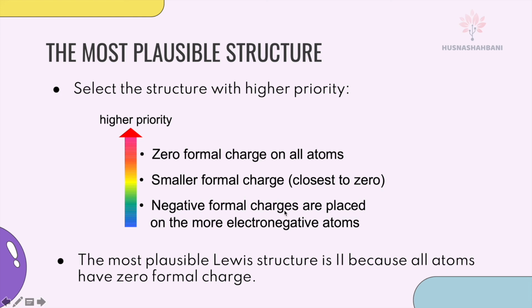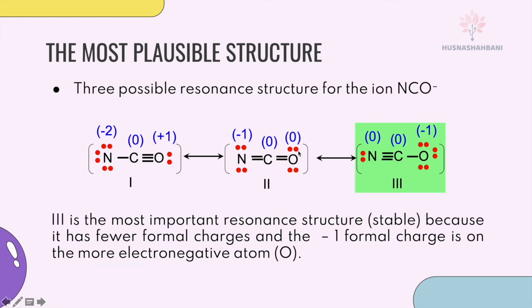Negative formal charges are placed on the more electronegative atoms. N atom, O atom, which one is more electronegative? Oxygen is group 16, nitrogen group 15. So group 16 is more electronegative than group 15. So the negative formal charge must be on the more electronegative atom, which is structure number 3.